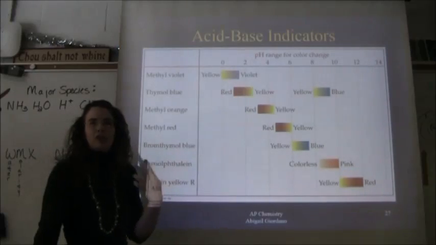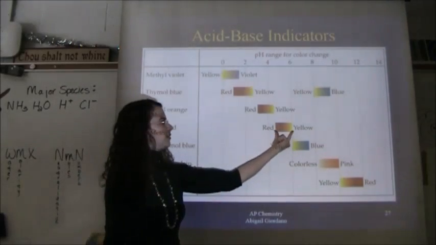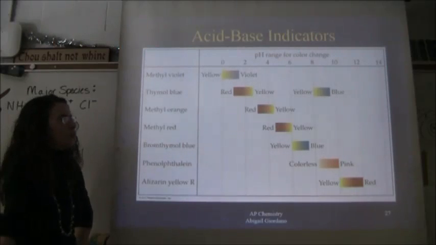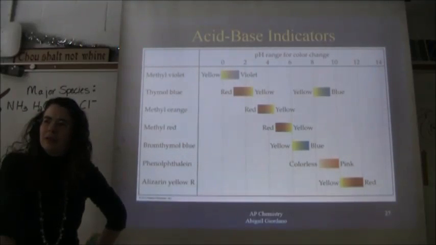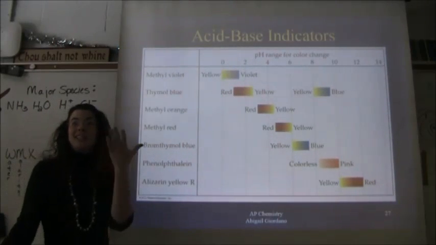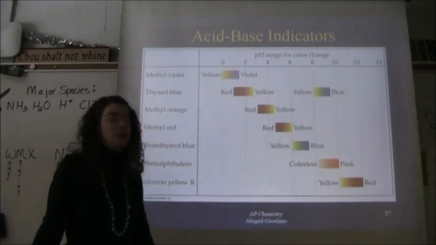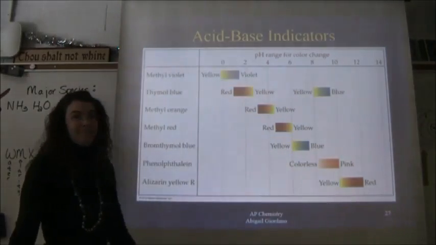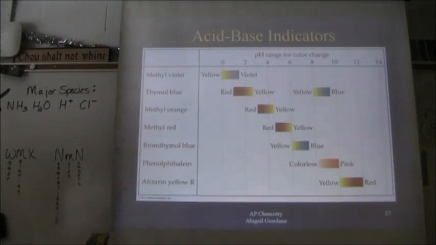Each time hydrogen is donated, there's a useful range. Why might there be 2? What if it's a diprotic acid? There's more than one hydrogen to give. Okay. So some indicators have more than one useful range.